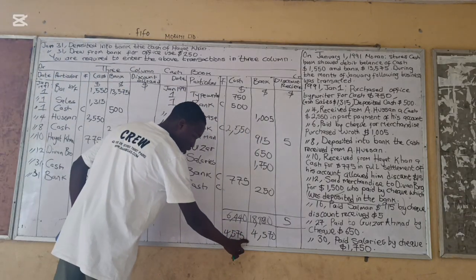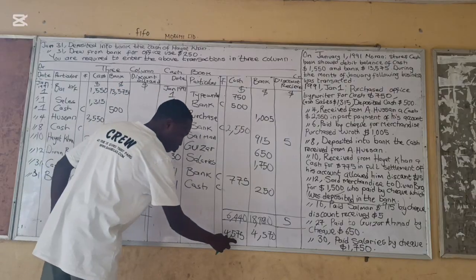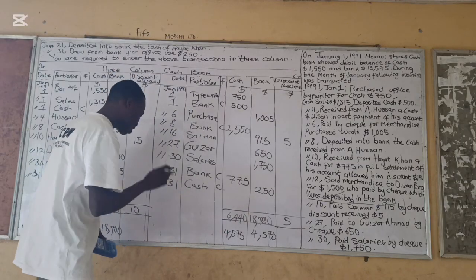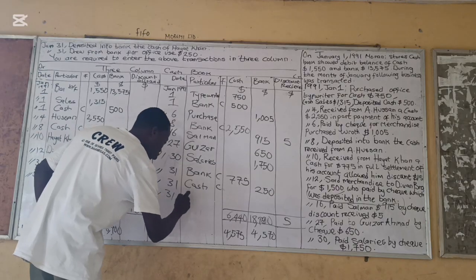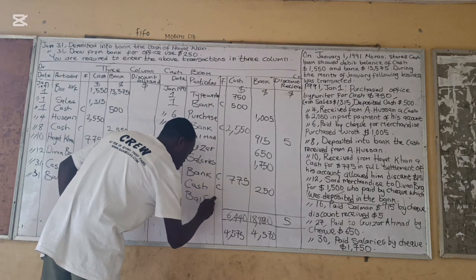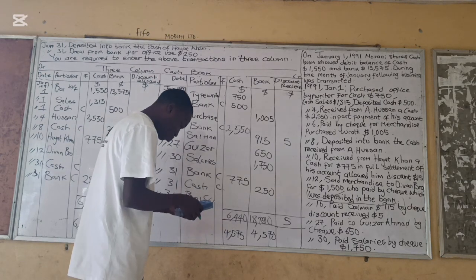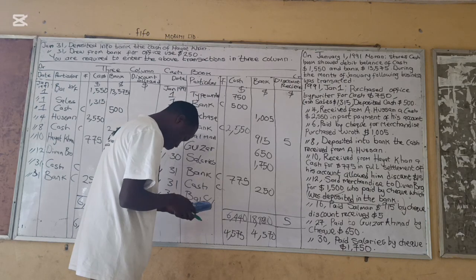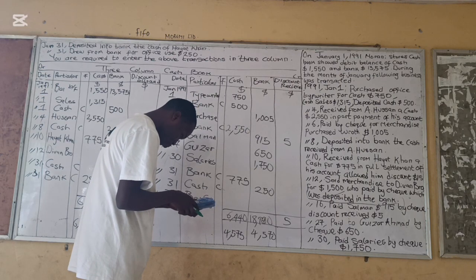Now the next step is to subtract. Now this amount is smaller than what we have in debit. We are going to subtract this from this. When you subtract it, we are going to have our balance carried down. So on the 31st also, we are going to have balance carried down. So let's subtract this. We have 6,440 minus $4,575.